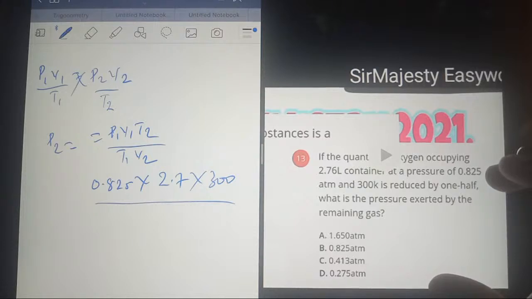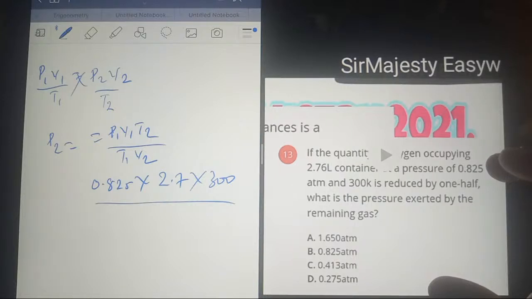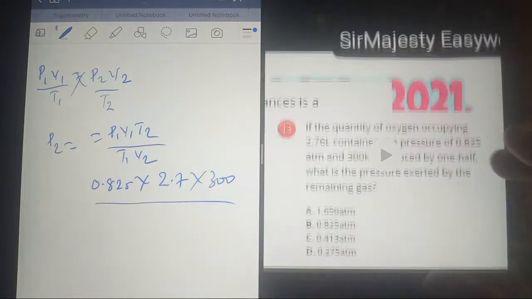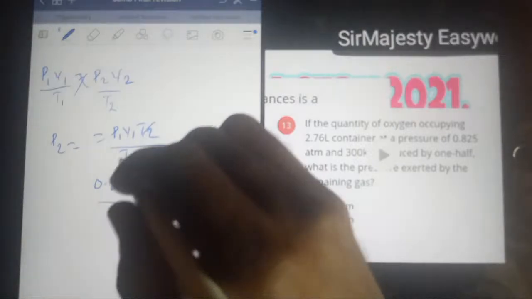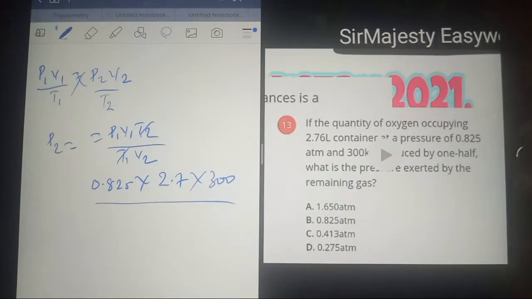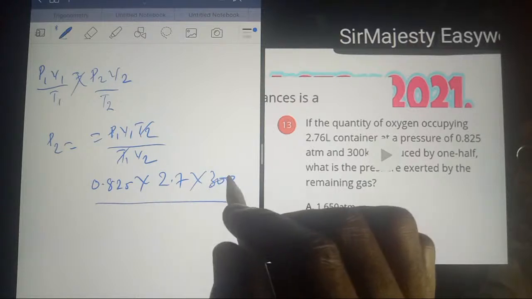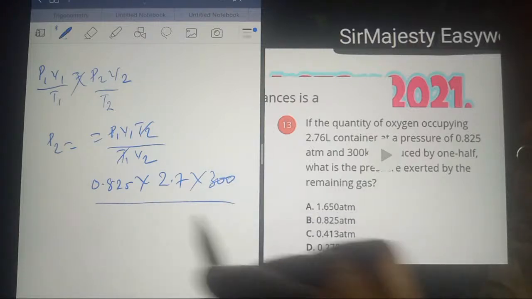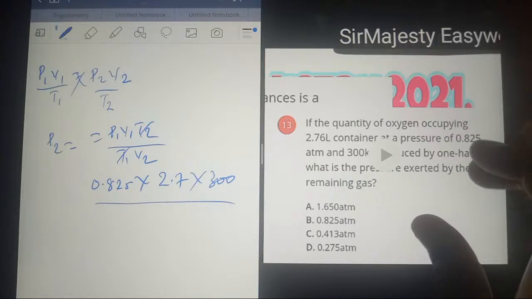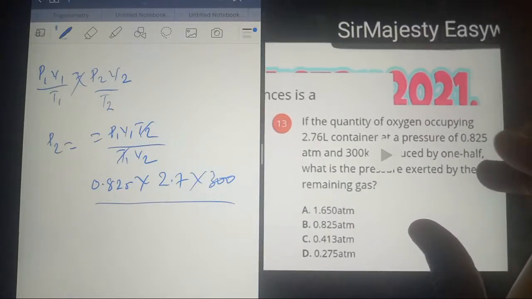No second temperature was mentioned. So I'm going to assume that temperature is constant here. That's the only thing. And when temperature is constant, that makes it a bit easier. Then the same 300 is still the same. Divide by V2, which is reduced by 1/2.